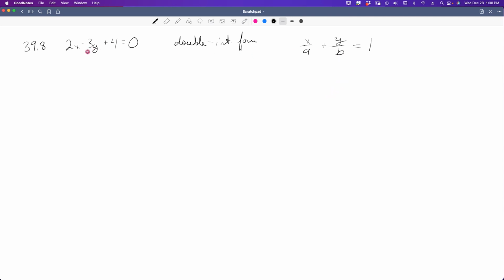So what we need to do is get x and y on this side and then get our c over here and convert it to a 1. This is always equal to 1. So I'm going to subtract 4 from both sides, and I get 2x minus 3y is equal to negative 4. So now I'm going to divide everything by negative 4.